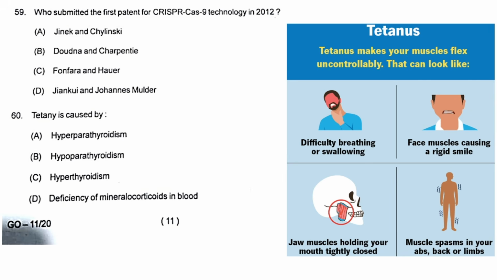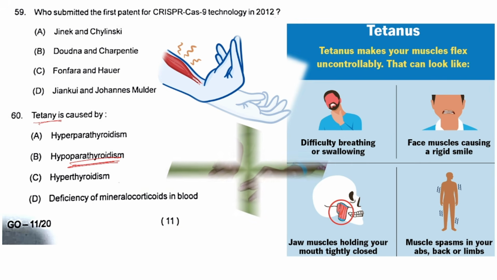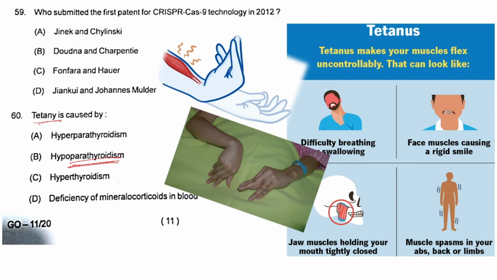As you know, the parathyroid gland is responsible for the regulation of calcium. If there is a lack of calcium, it can cause tetany. So this is how it affects the body of the affected individuals. So the right answer for this will be hypoparathyroidism.